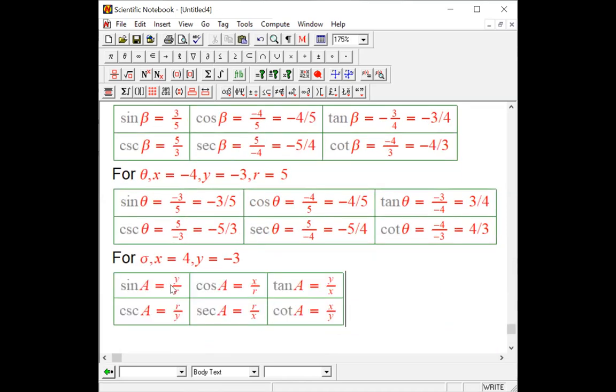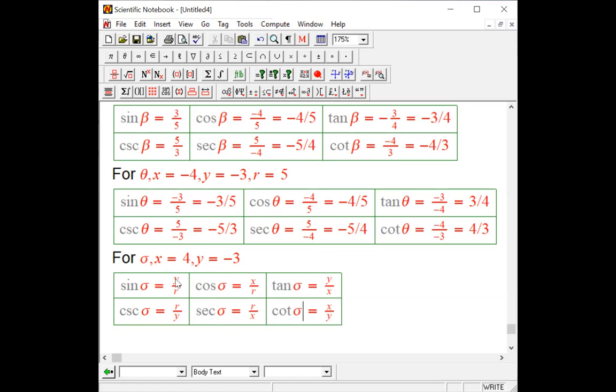Now it's going to be sigma. So sigma is the angle, right? And we know the terminal side. How many possible angles sigma could be? As many as you wish; it could be measured any way.